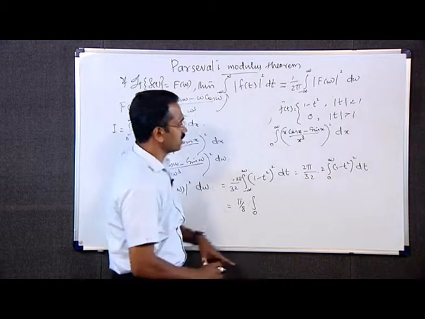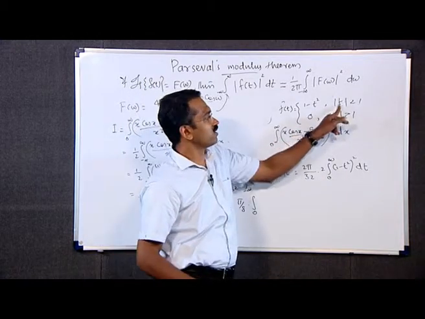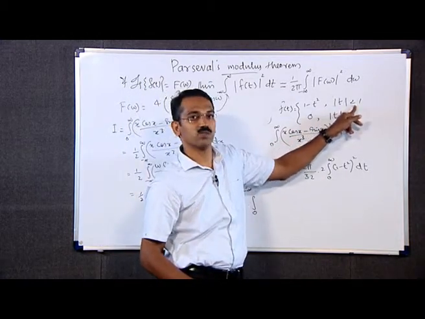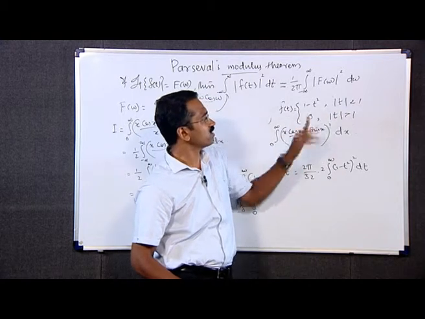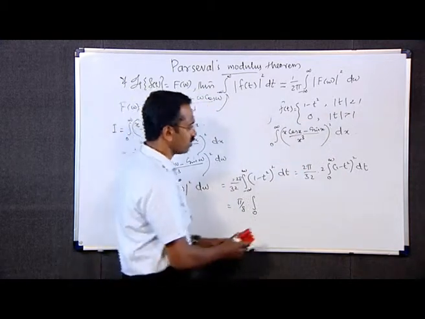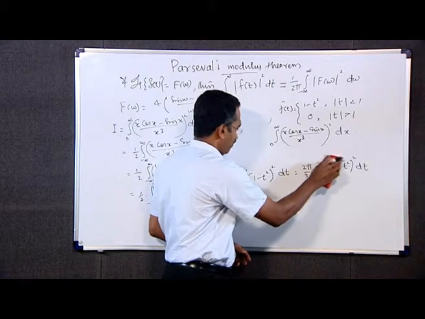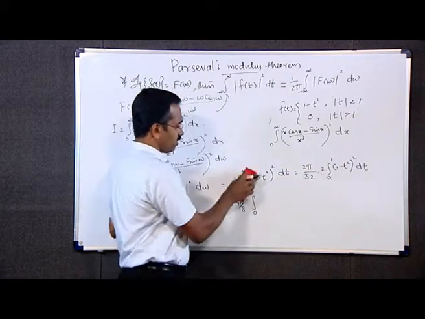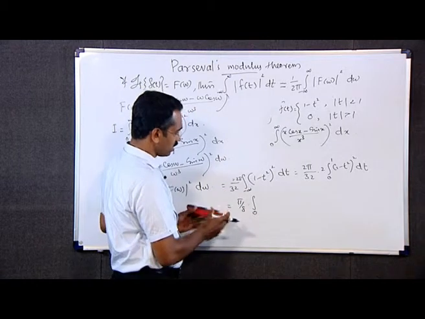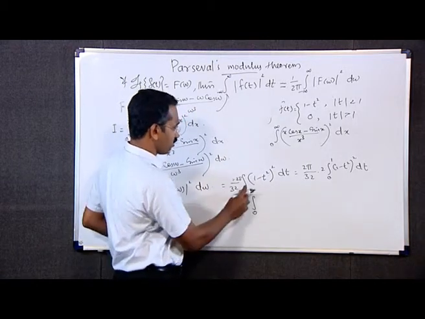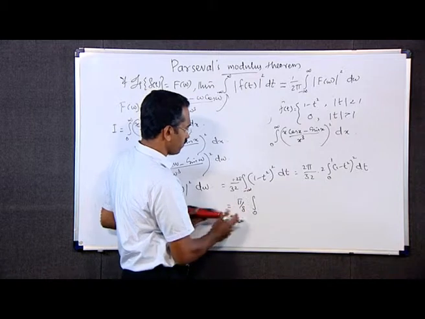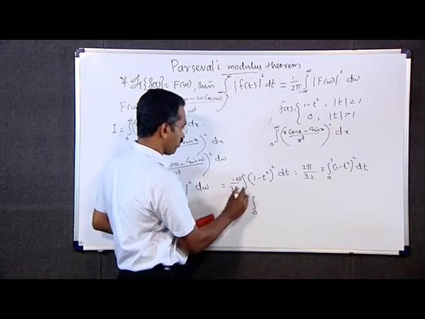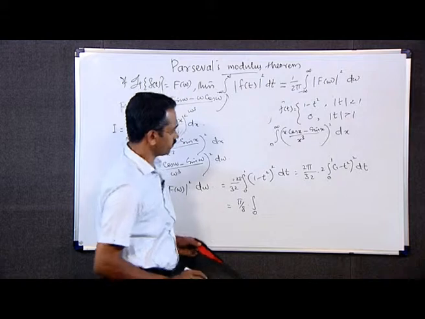Here the function is defined as like this: for mod t less than 1, that means between minus 1 and 1, the function is defined as 1 minus t square. Therefore, we can take the upper limit as 1, 0 to 1. In all other cases, the function is defined as 0. Therefore, we have to take here 0 to 1 here also.